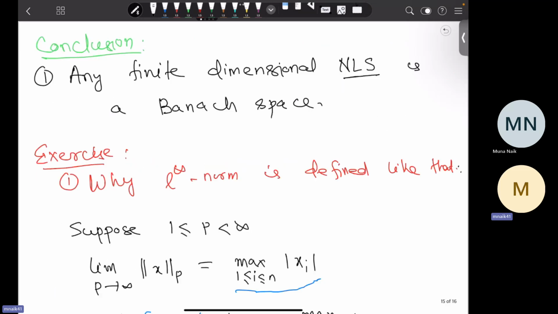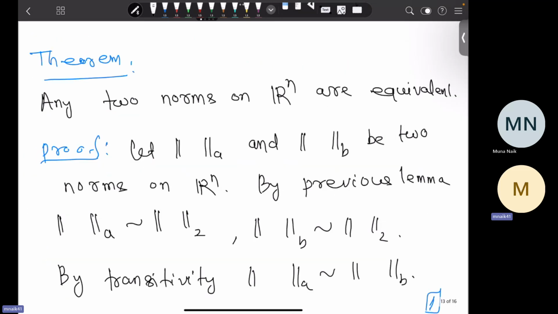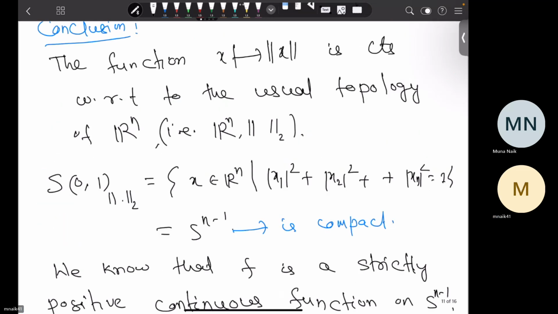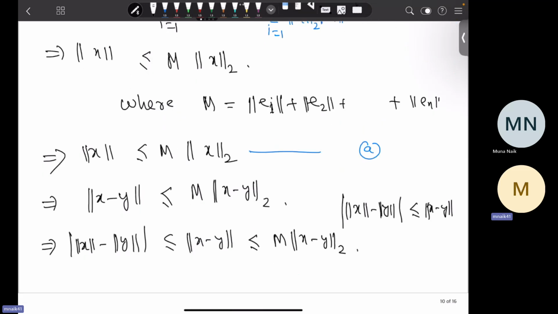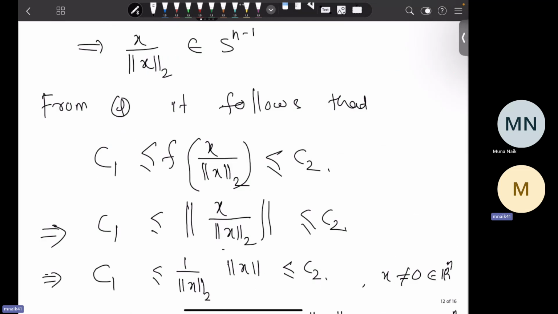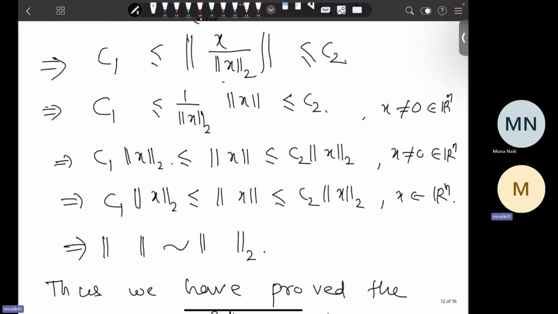In the previous lecture, I proved that any two norms on Rn are equivalent. And observe one thing: what is the meaning of any two norms being equivalent? Recalling the proof of the fact that any two norms on Rn are equivalent, we proved first that any norm is equivalent to the L2 norm, and then we proved that any two arbitrary norms are equivalent.